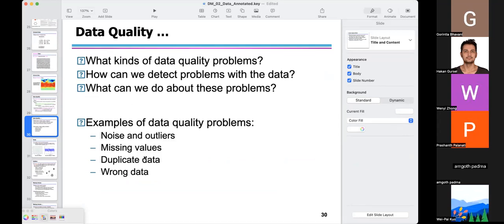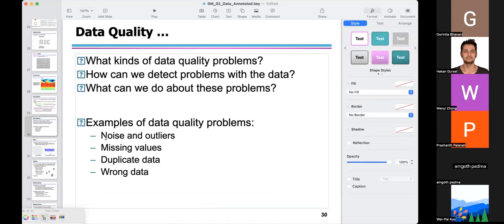So the data quality is important. What are the quality problems? Like we already mentioned, there could be noise, there could be missing values. There could be duplicate values, or plainly the data can be incorrect.